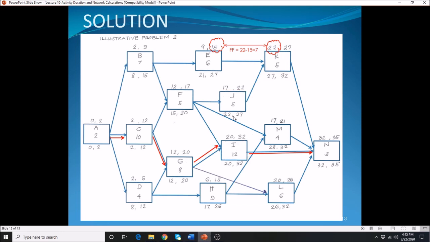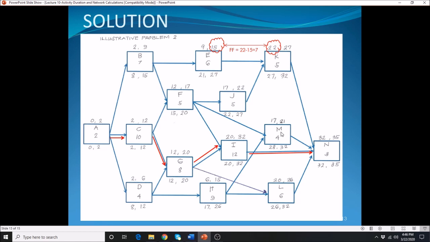We have 22, 28, 20. What is the minimum? It's 20. That's why you will notice that on your F, you have 20. 20 minus 5 is 15.